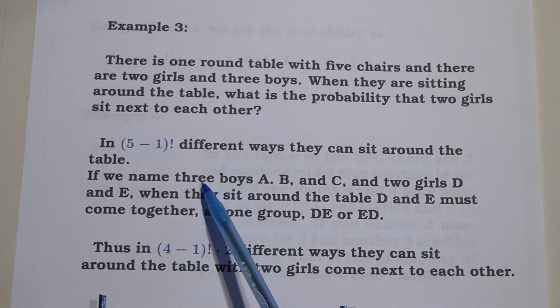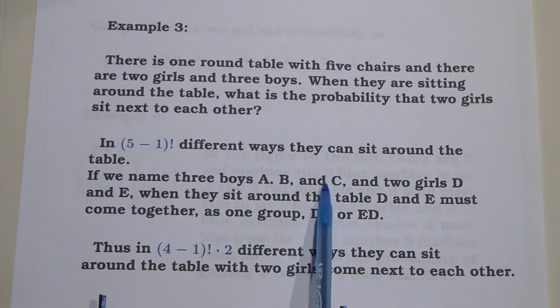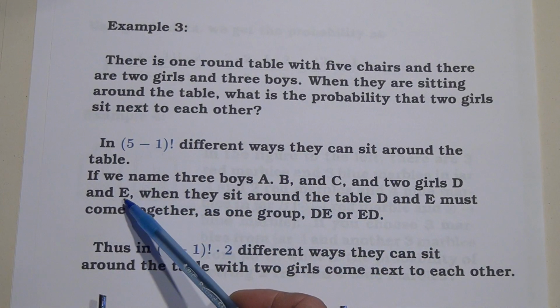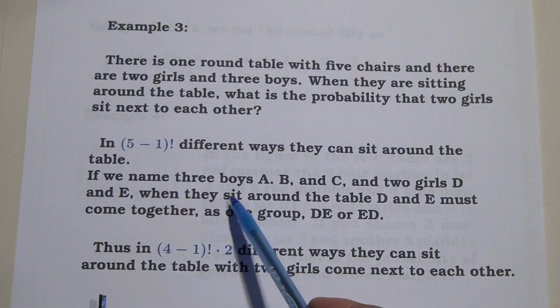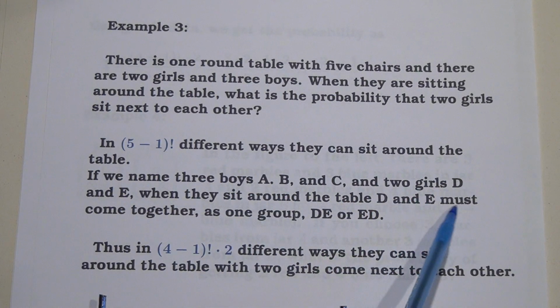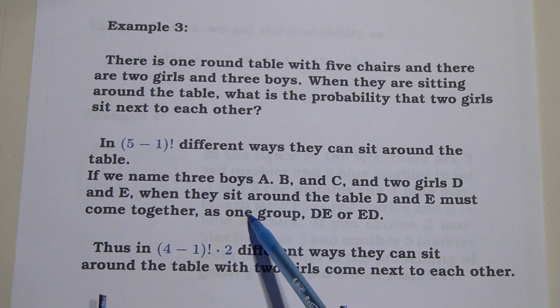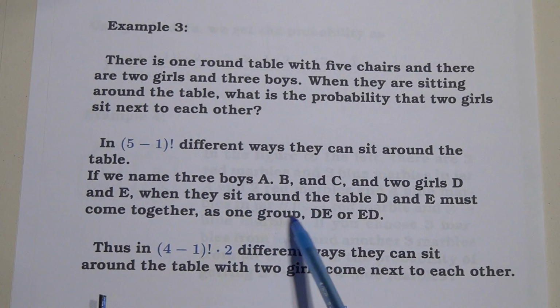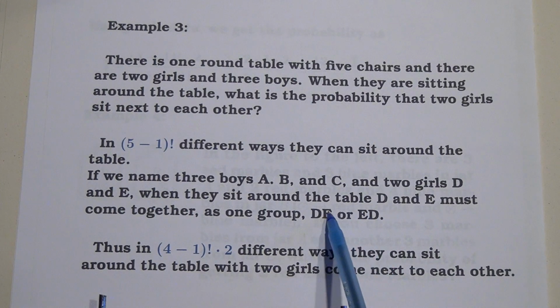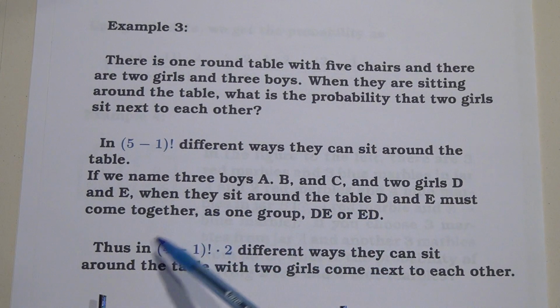If we name the 3 boys A, B, and C, and the 2 girls D and E, when they sit around the table, D and E must come together as one group. But one group can be DE or ED, 2 different possible ways.